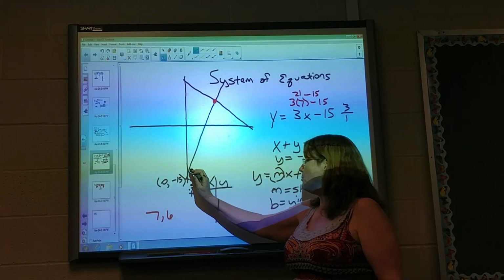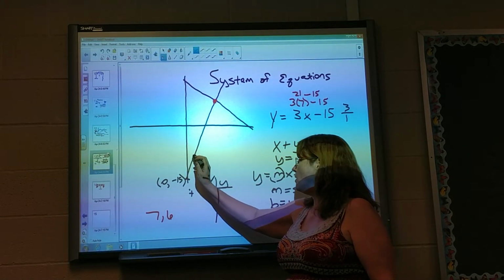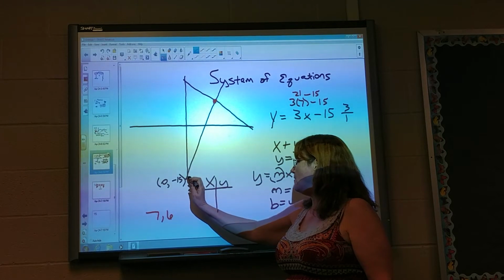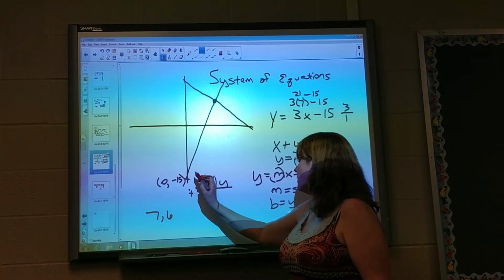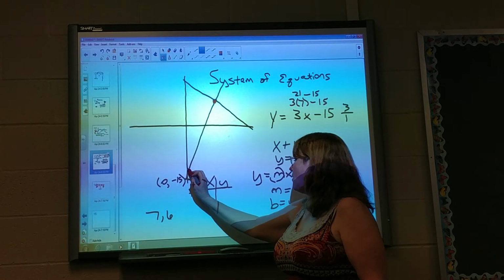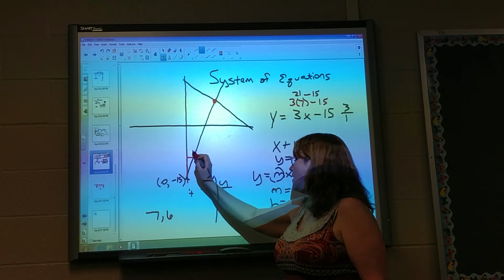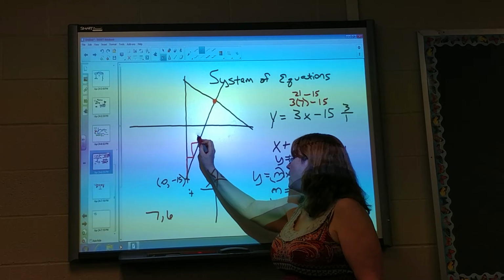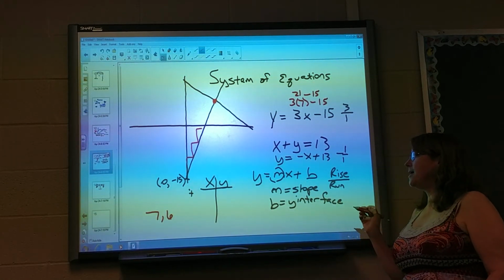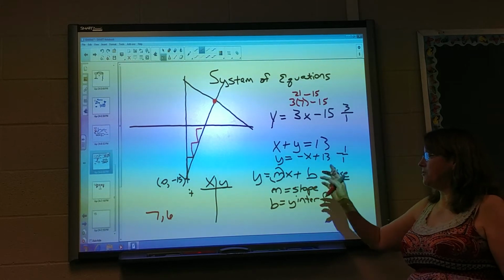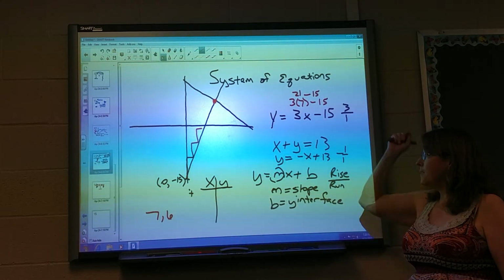So I would count up 1, 2, 3, over 1. So it would kind of look like this. Use a different color. It would kind of go up 3 over 1, up 3 over 1, up 3 over 1, like that. And you would count it, and then if you place a few dots, you can draw a line.